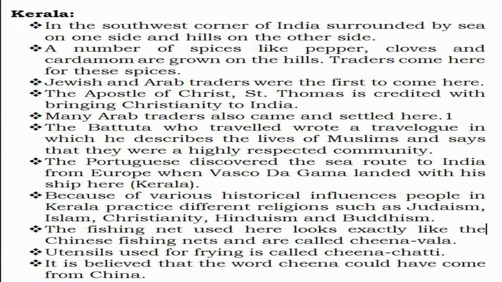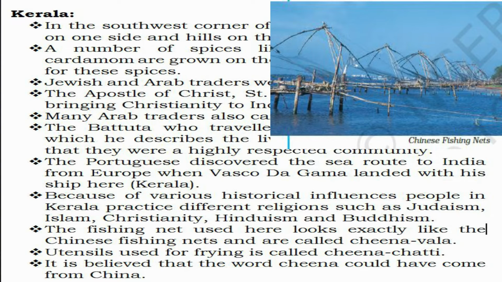To the next point, you can see that the fishing net used by the people of Kerala is the same as the Chinese one, because you can see this one in Ernakulam, on the sea coast, where the people used to catch fish. The fishing net is the same as how the China people call it, Chena Wala.